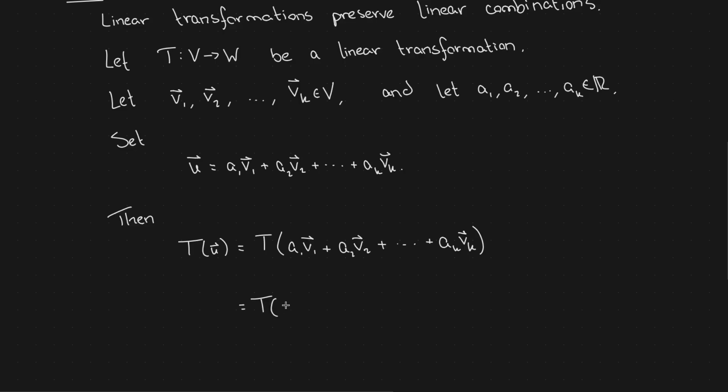So transformation of a1 v1 plus transformation of everything else. If I keep on doing this, I could split it into two transformations again, and eventually get a transformation of the sum of all these individual terms.